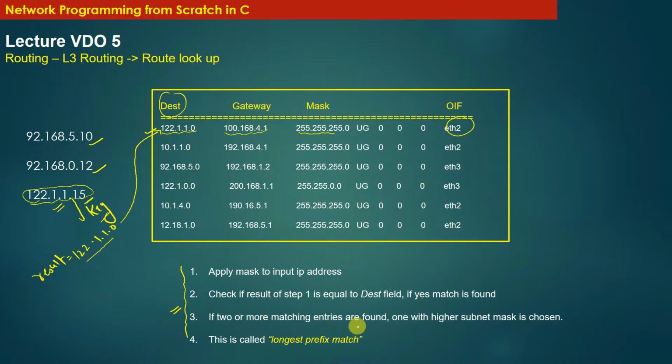If two or more matching entries are found, the one with the higher subnet mask is chosen. Now you can see that this entry also matches the destination IP address which we have been using as a key.